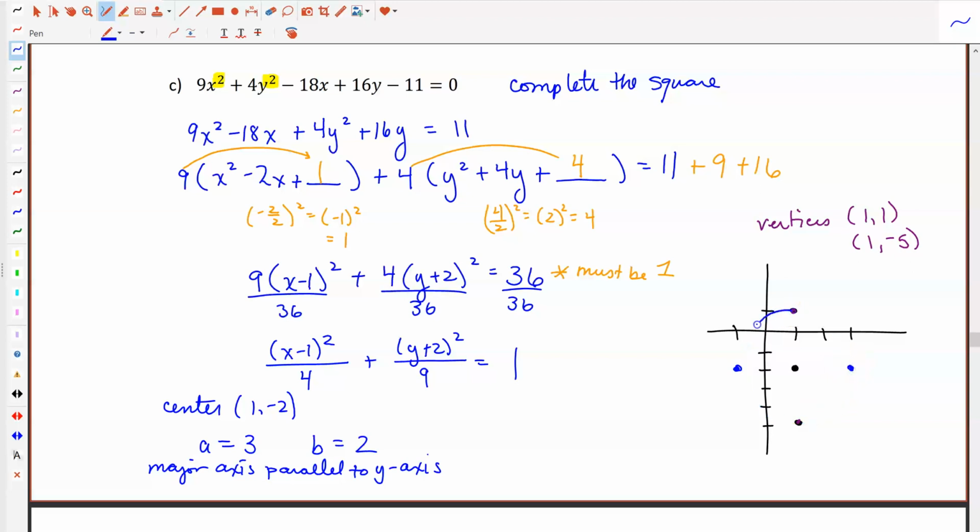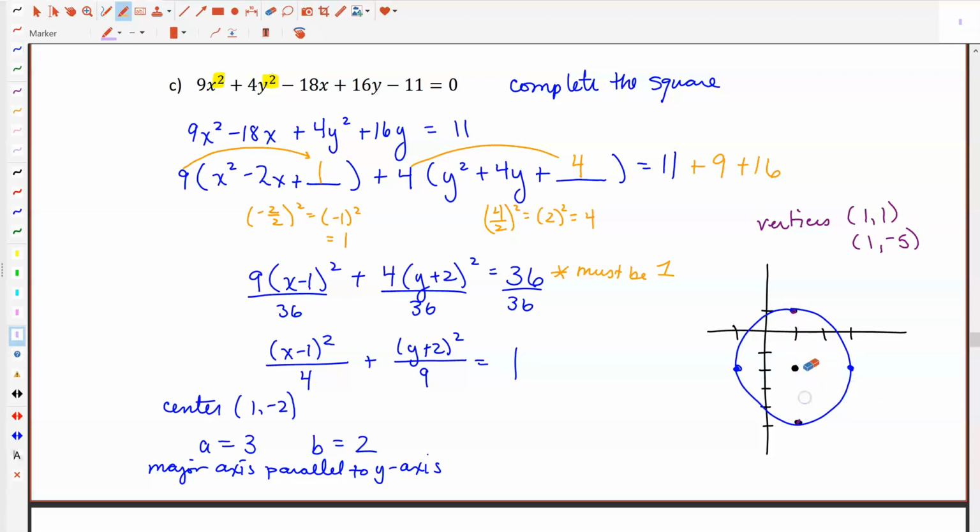Graph paper is helpful to make sure that your spacing looks good. There's just my freehand graph. I'm really not liking that I didn't grab that point, so let's try this one more time. Okay, so here's my major axis.